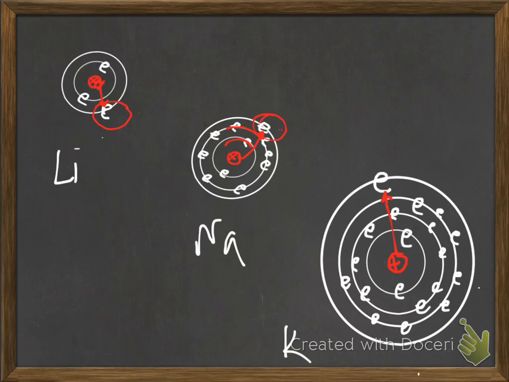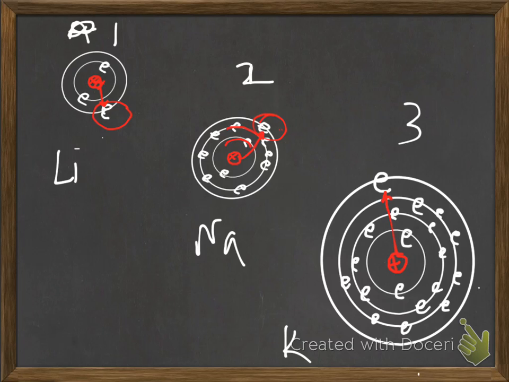So let me ask you a question, revisiting that idea that atomic radius increases as we go down a group. Which of these things, and we'll call them 1, 2, and 3, show me voting with your fingers, which one do you think, based on this, would be most reactive? We get back to that idea of loosely held.